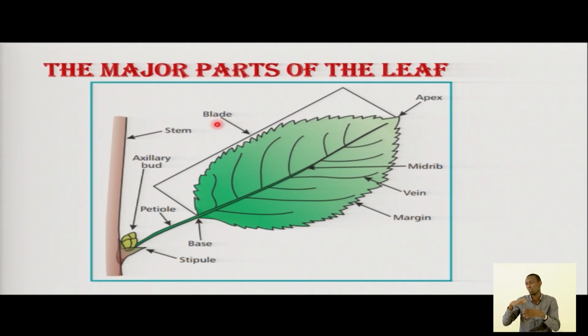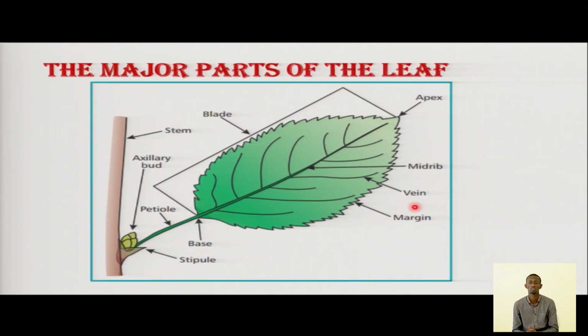This leaf blade is flat, broad, and thin so that it provides a large surface area for trapping sunlight, which is very important in the process of photosynthesis. Dear students, we can even say that these are the external parts of a leaf.